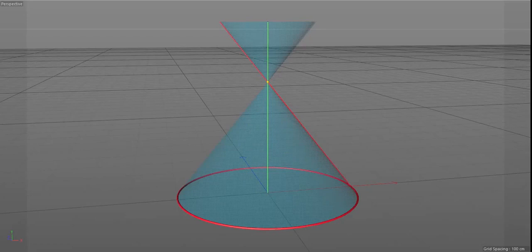If this axis is perpendicular to the base of the cone, then the cone is said to be a right circular cone. Of course, there are other types of cones such as oblique cones, which are out of scope for today's topic. So we will be discussing only right circular cones and their sections.